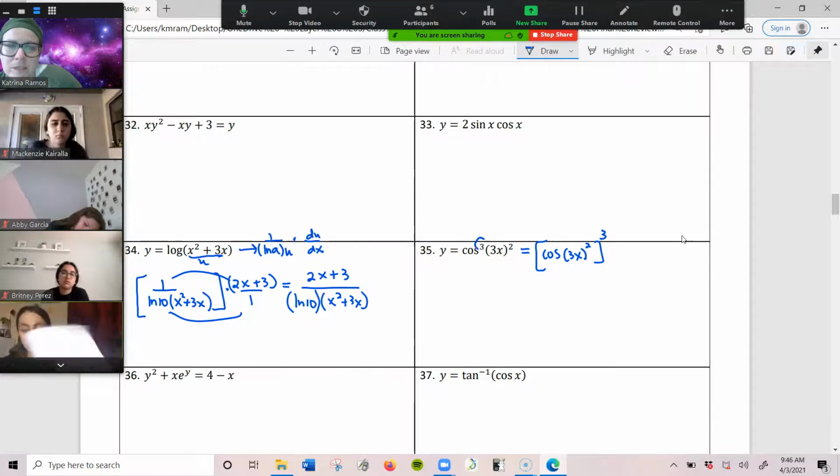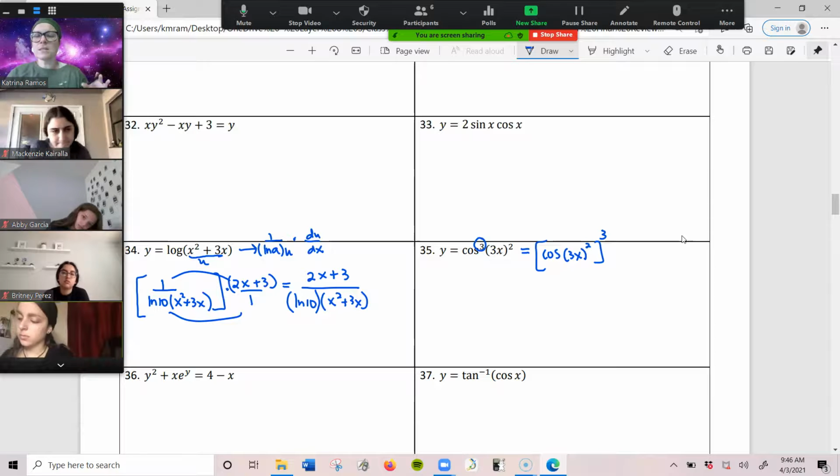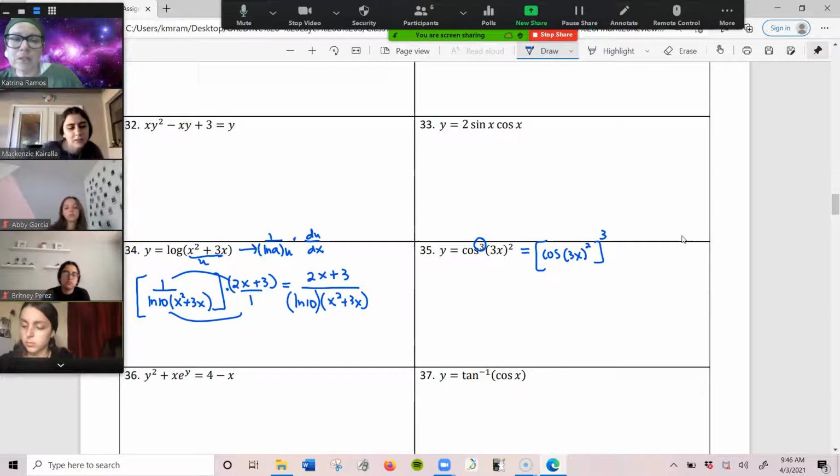Because whatever exponent is directly after the trig function means that the entire thing is raised to that exponent. Is that okay? So now when we take that derivative, we have to work our way from the outside in. We do one derivative at a time, and then we always multiply it with what is on the inside. So the first layer is that exponent of 3, so I apply the power rule first.